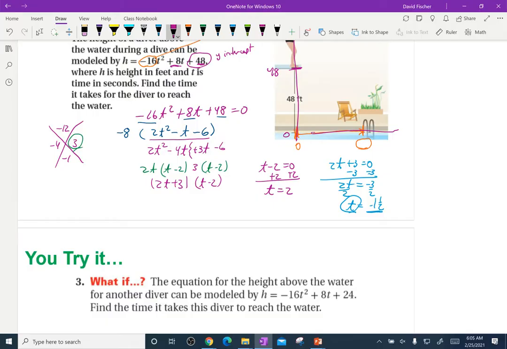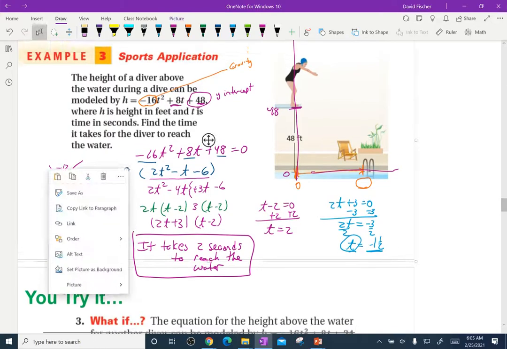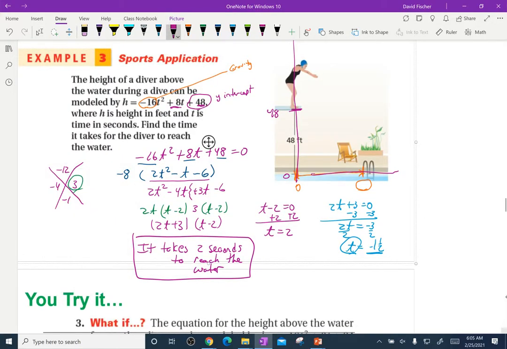They said find the time it takes the diver to reach the water. 2 seconds to reach the water. Okay, so here's what's happening here. 2 seconds is out here, and this negative 1.5 is over here on the x-axis.